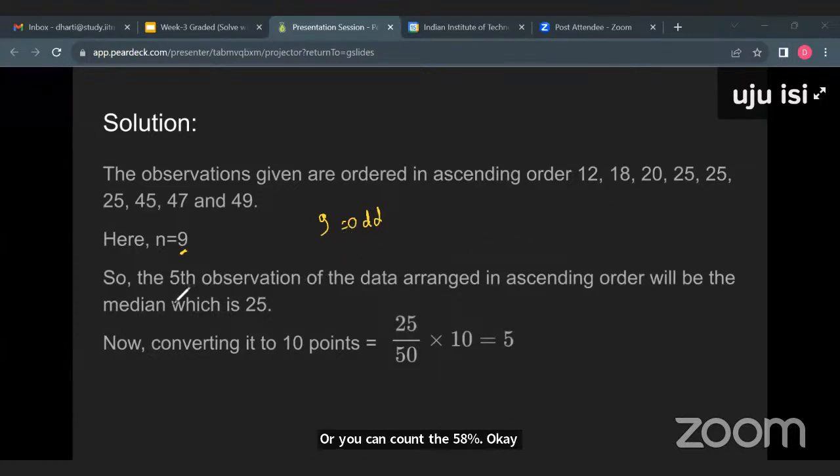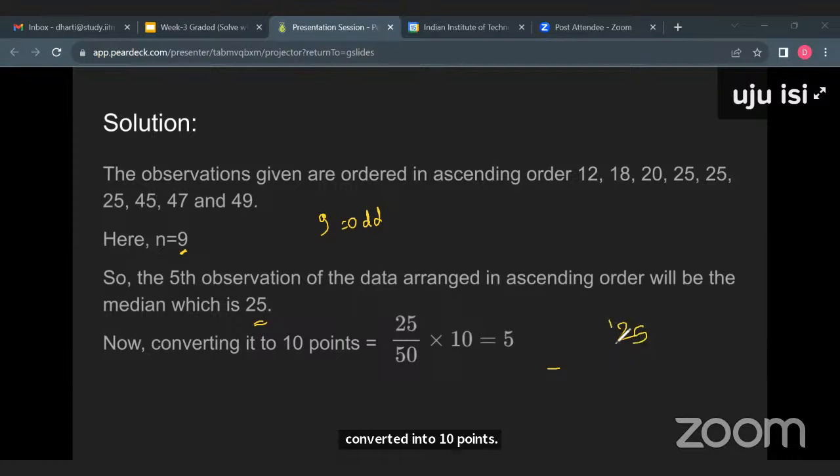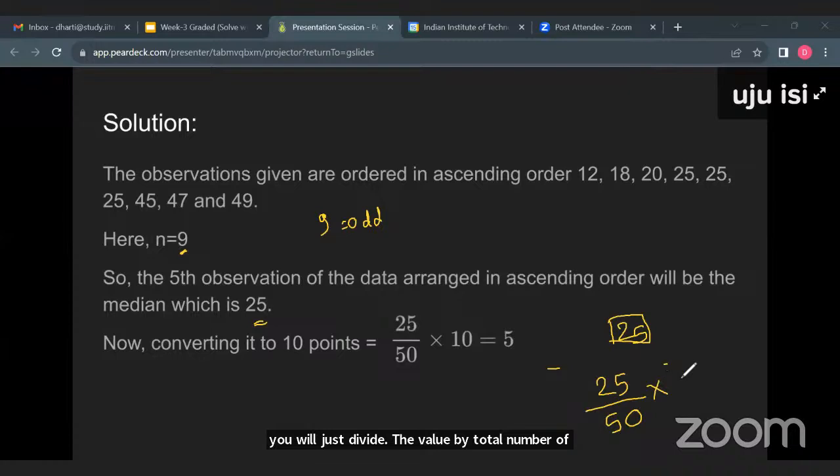Yes, ma'am. The 5th observation is your median, and your median is 25, but they have asked you to find the median if observations are converted into 10 points. So if your value is 25, then in which bin will it fall? That's the question, right? There is another method also: you just divide the value by the highest limit given for marks, multiplied by 10.